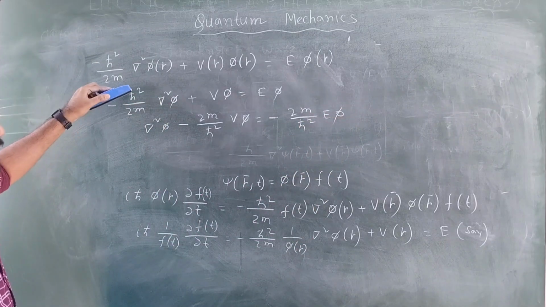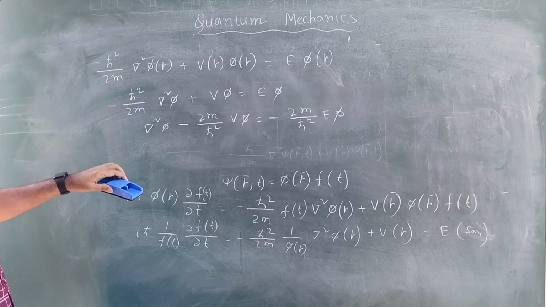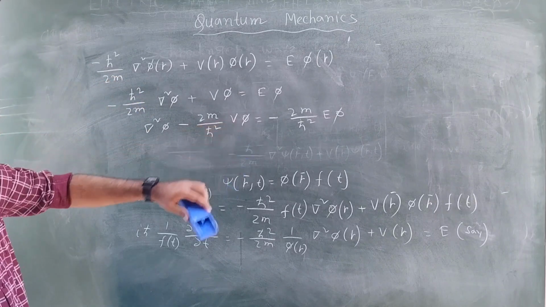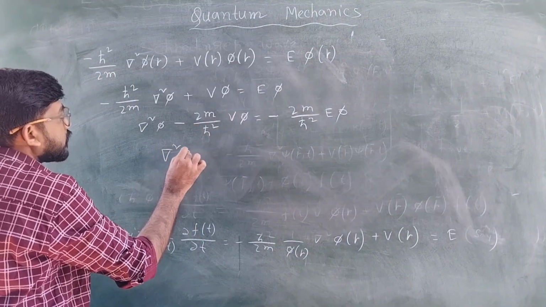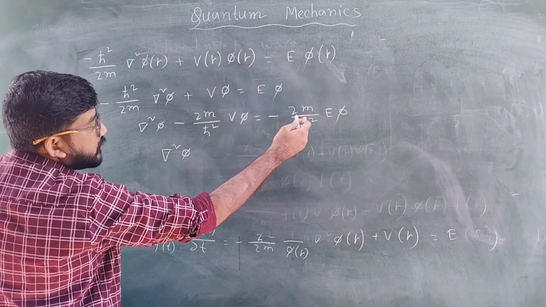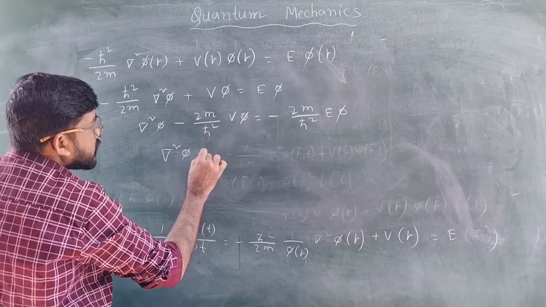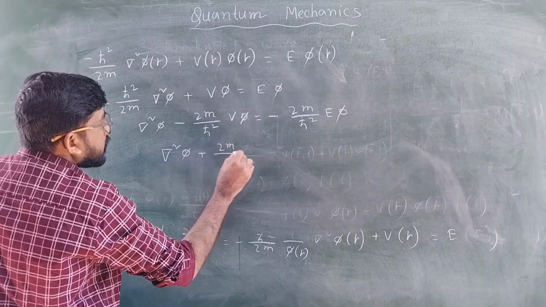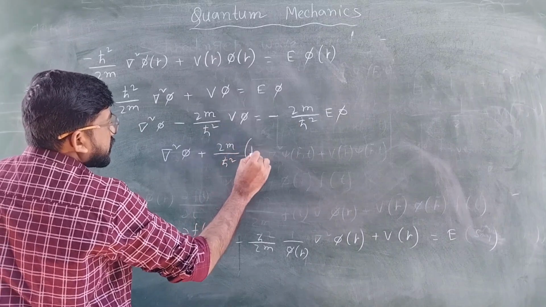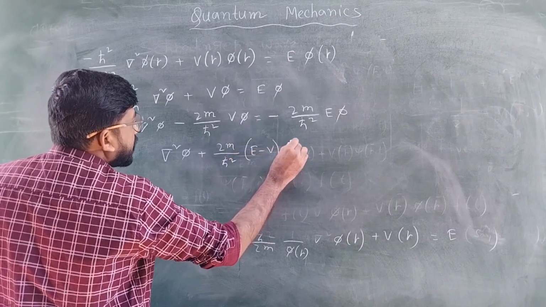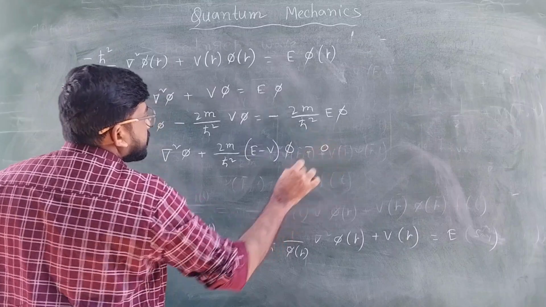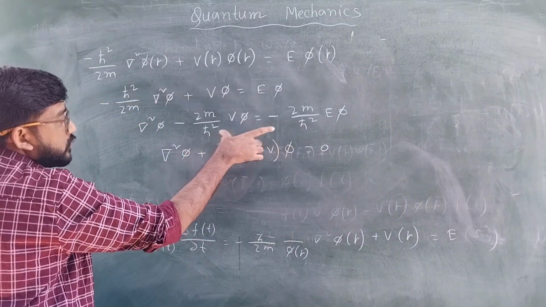If you multiply with minus 2m upon ħ², here it will be 1, here will be minus, here will be minus. So ∇²φ, if you take the left hand side, it will be just 2m upon ħ² into (E minus V) into φ, equal to 0.